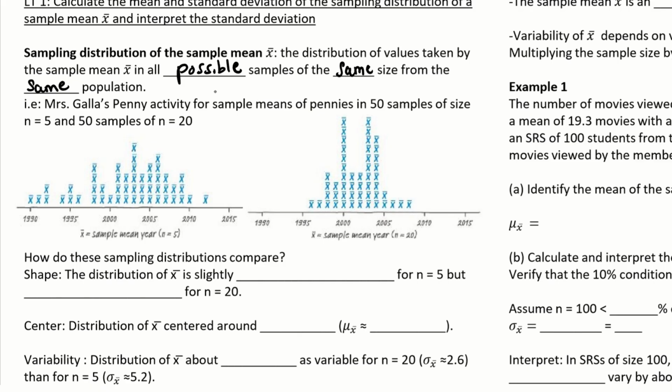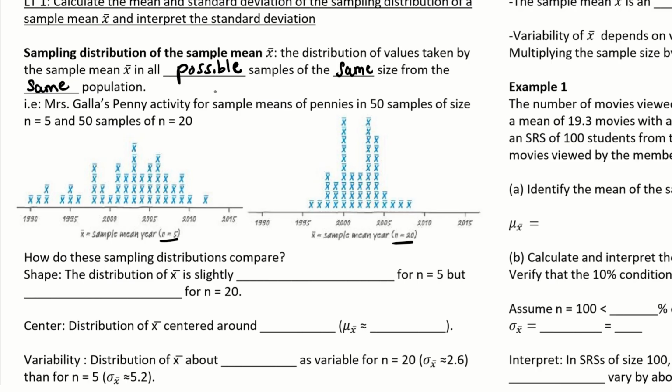And notice that the distribution looks a little bit skewed here, but on the right, it looks kind of symmetric, almost like it wants to be a normal distribution. So I want you to realize that from n equals 5 to n equals 20, the shape becomes more and more like a normal distribution, more symmetric.